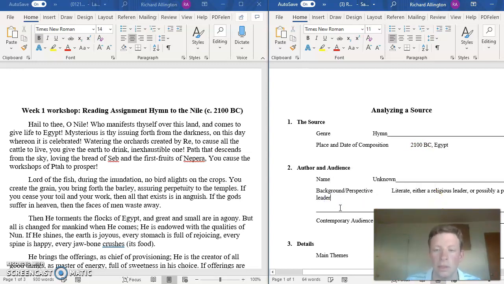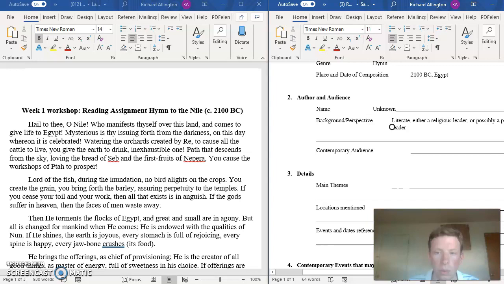Because this is a hymn to the Nile, it's a hymn asking the Nile god to bring a fertile season to Egypt, and so this source is being used in a religious context, but it has important political implications as well.